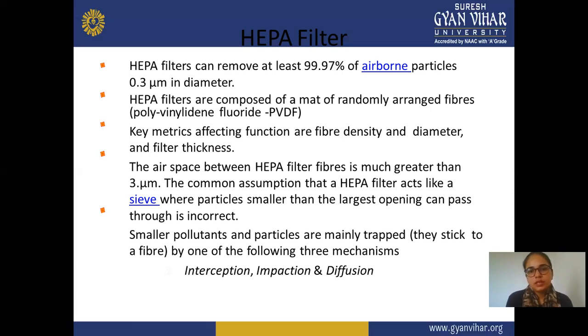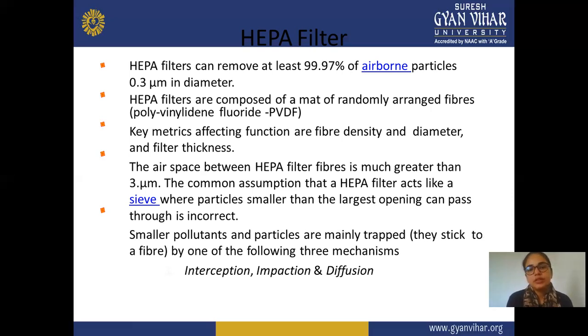And these HEPA filters are composed of a mat of randomly arranged fibers, made of PVDF, polyvinylidene chloride. Means these HEPA filters contain a large number of fibers, randomly arranged, and these fibers are mainly made of PVDF. So this is the randomly arranged fiber in a HEPA filter.